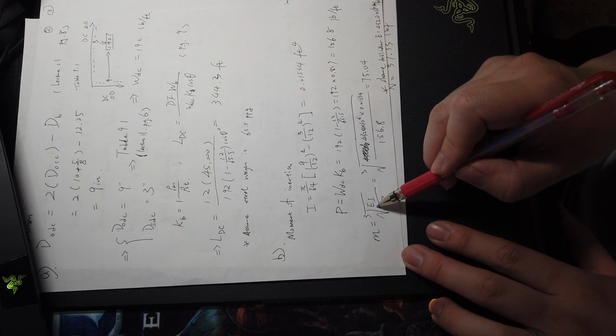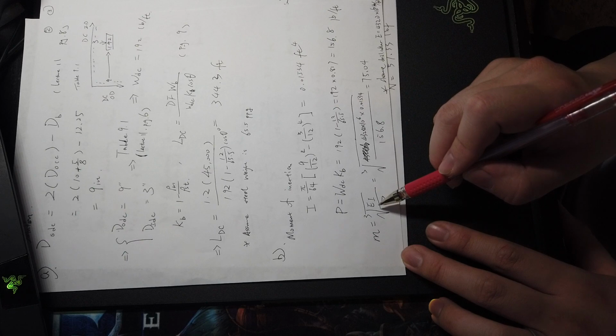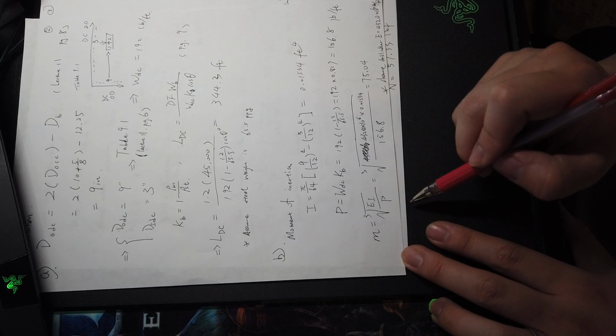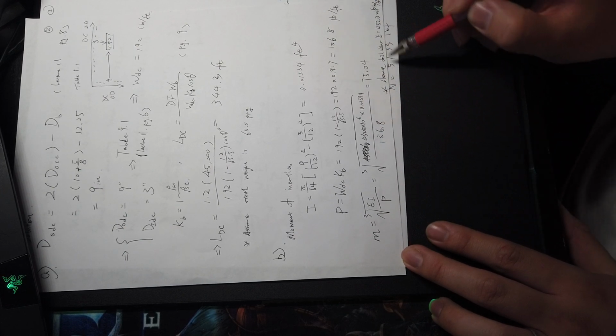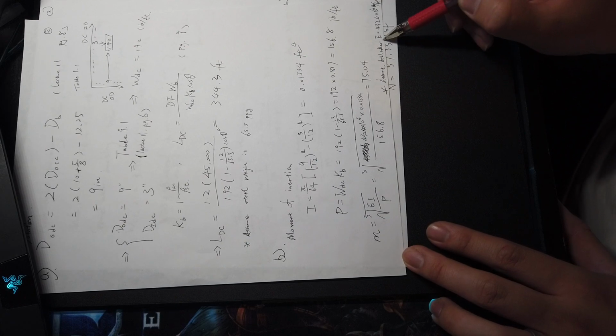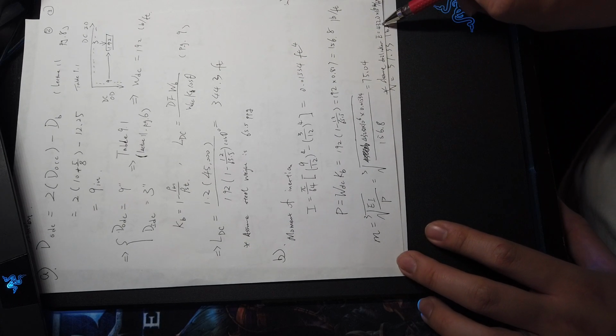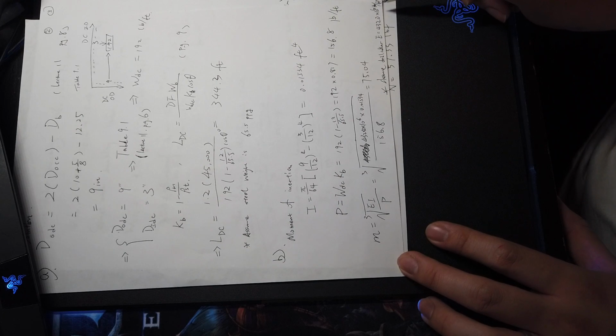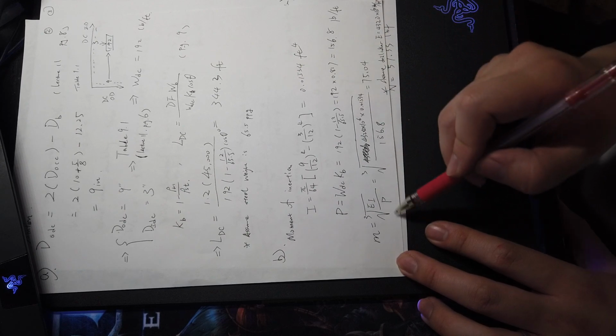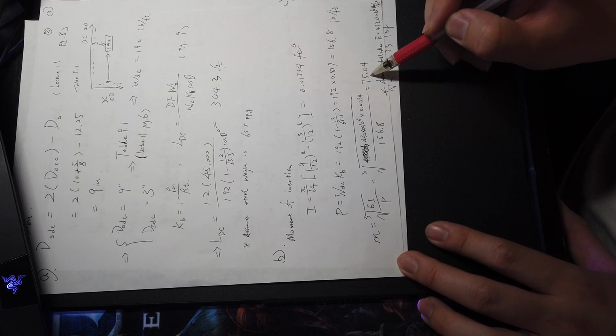You just put in E, I, and P. Just plug the numbers in, and here we assume the drill collar E is 4,320 times 10 to the power of 6 pounds per square foot. Now you get the number 75.04 for M.